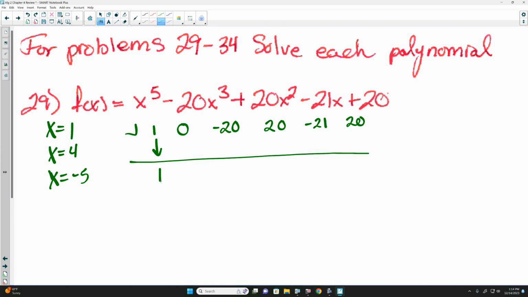We'll bring the first term down. Which x do we want to use first, 1, 4, or -5? 1.